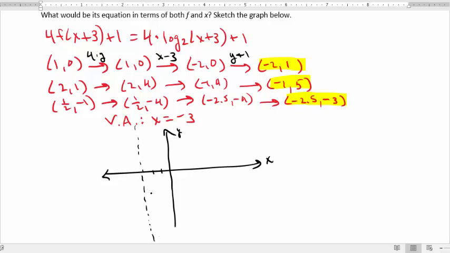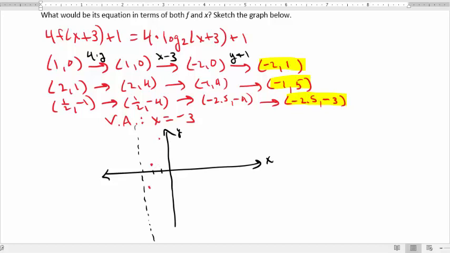So that's a good guideline to have, right? And we have a couple of points here, negative 2, 1, which is going to be here, negative 1, 5, which is going to be up here, and negative 2.5, negative 3, which is going to be down here.